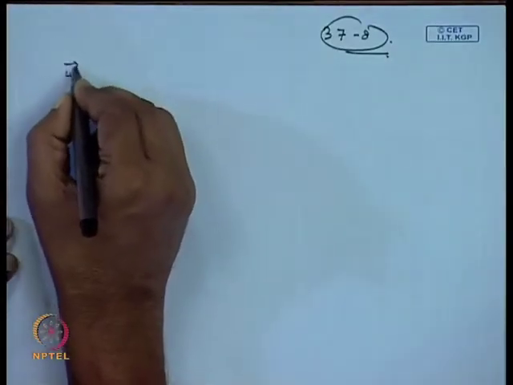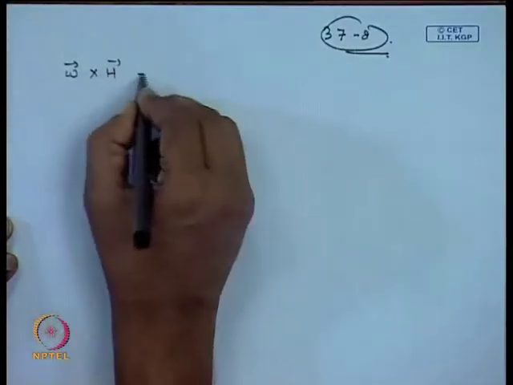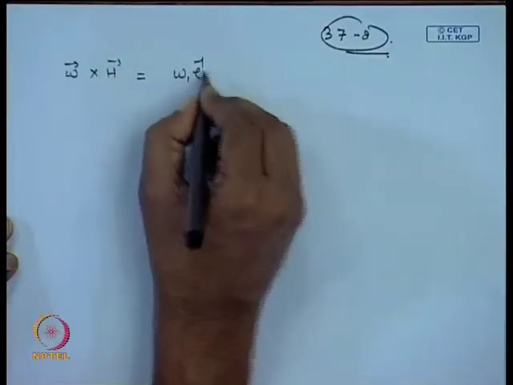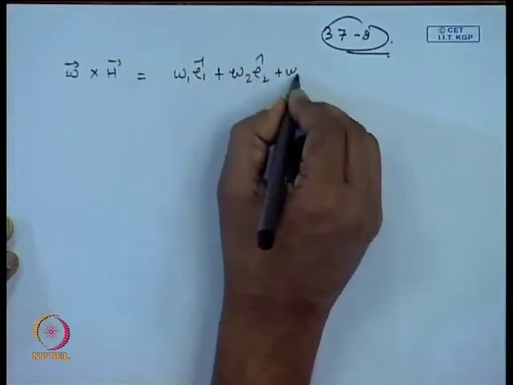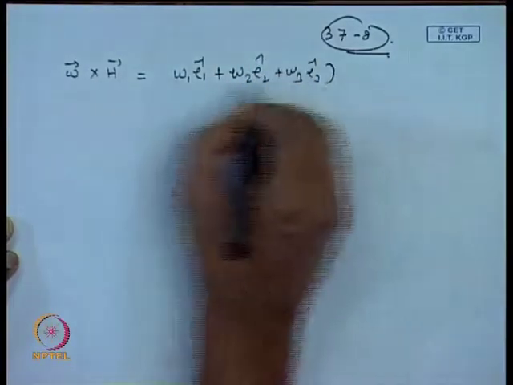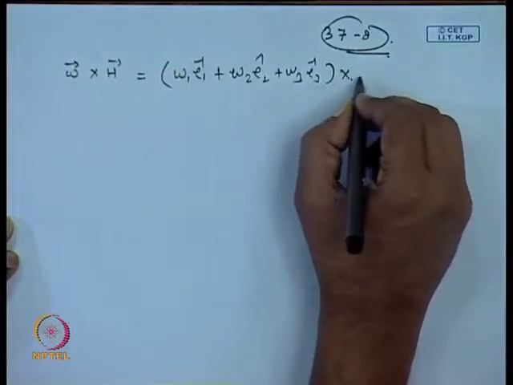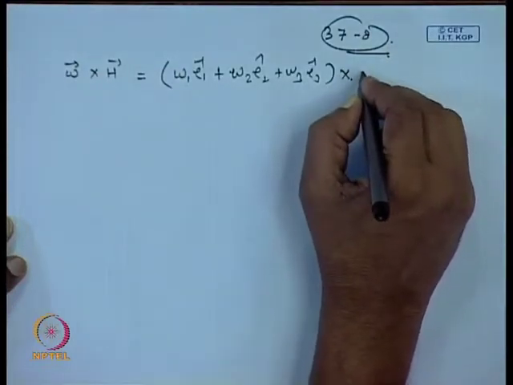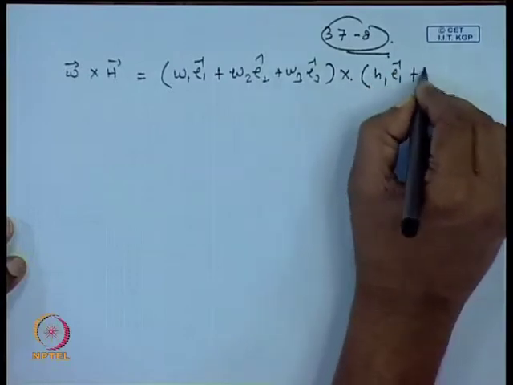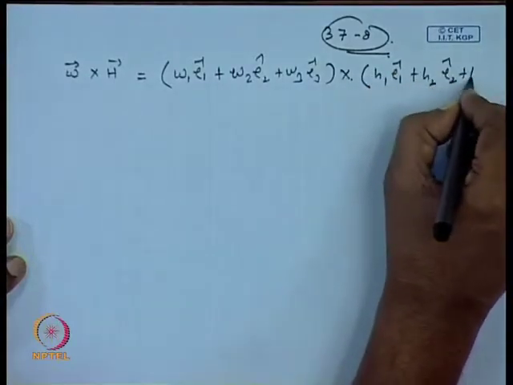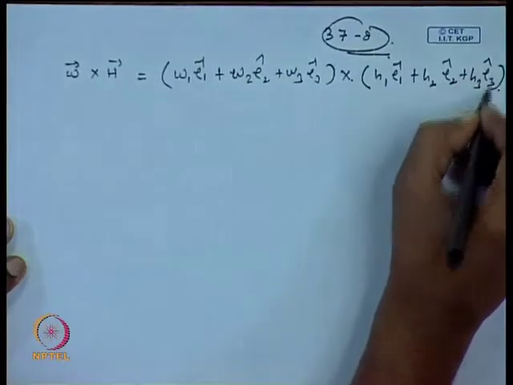So, we know that omega cross H can be written as omega 1 E 1 cap plus omega 2 E 2 cap plus omega 3 E 3 cap, and we have to take the cross product of this with H, and H we can write as H 1 times E 1 cap, H 2 times E 2 cap and H 3 times E 3 cap.